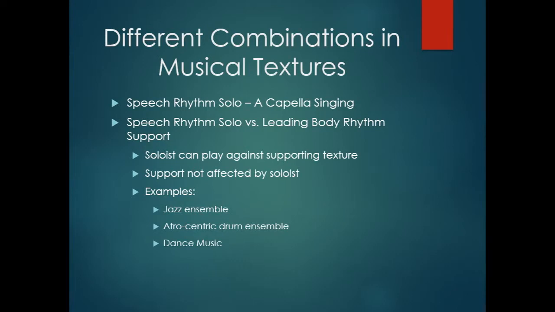If the body rhythm support does not fluctuate, is not affected by the soloist, this would have a steady pulse. So some examples of this would be a jazz ensemble with a percussionist leading the pulse or directing the pulse.